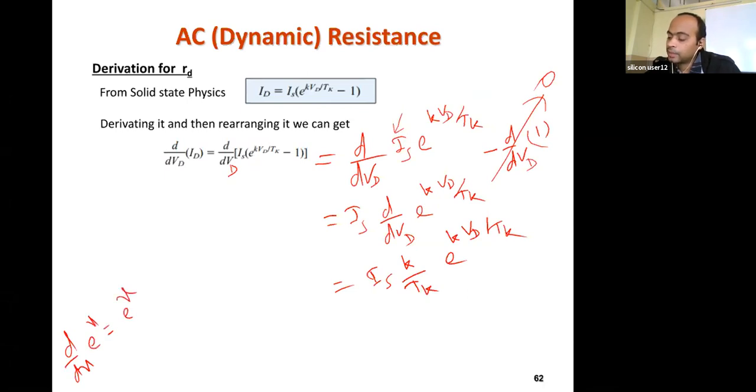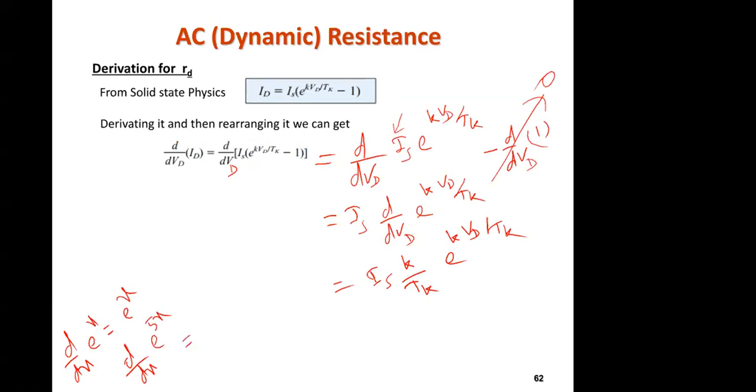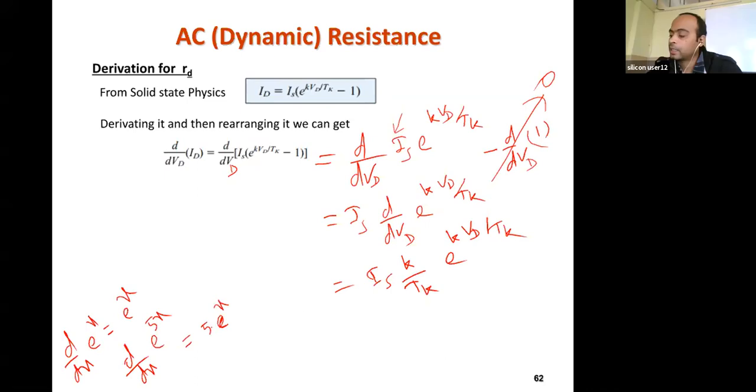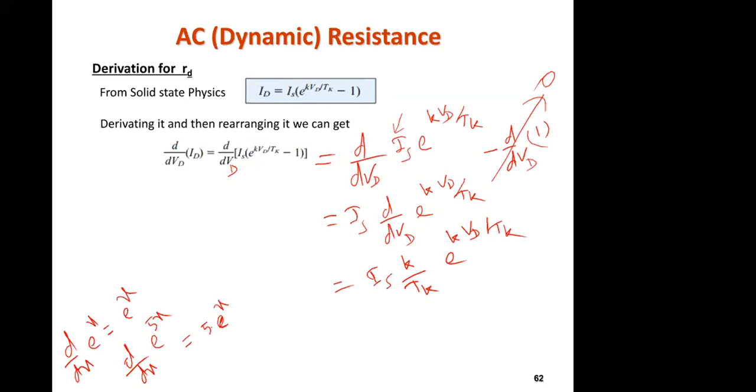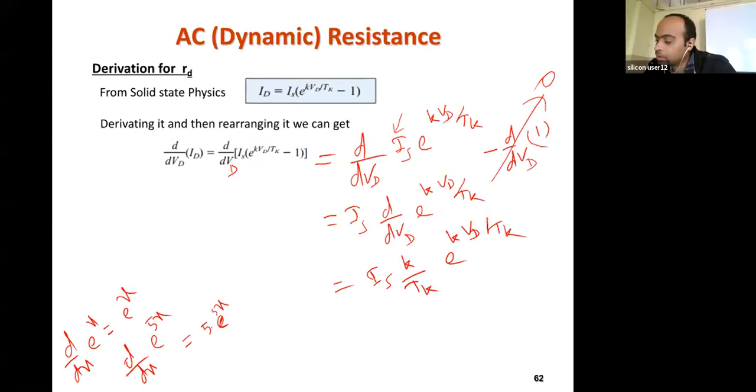Let us say d by dx of e to the power 5x. That will be equal to 5 into e to the power 5x, because I have to take the 5 outside.